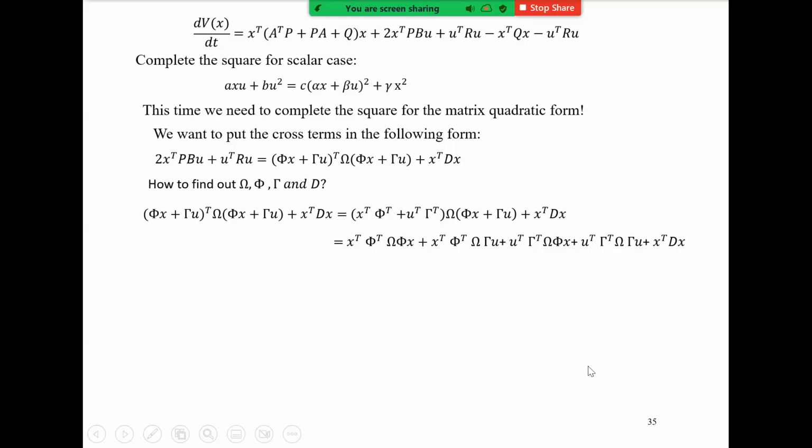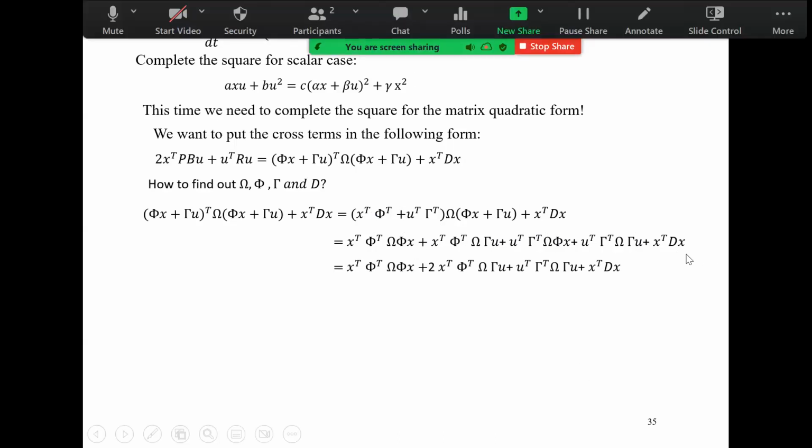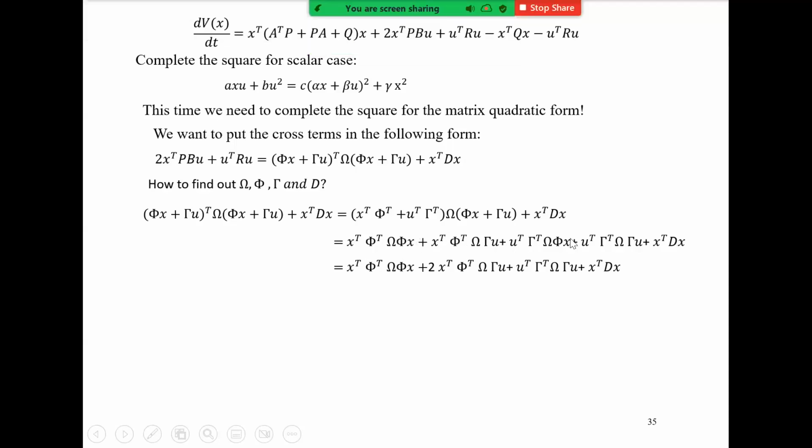Now let's group those things together. This one we keep. But if we look at those two, they are the same as before. Take it as a scalar: if I take the transpose of this, it will be the same.